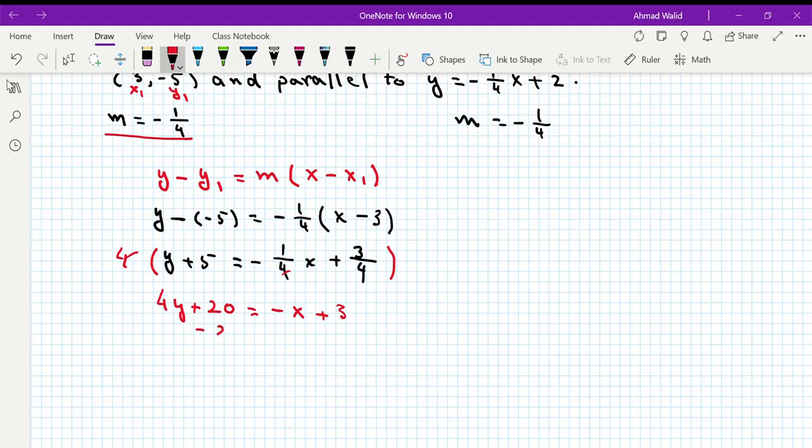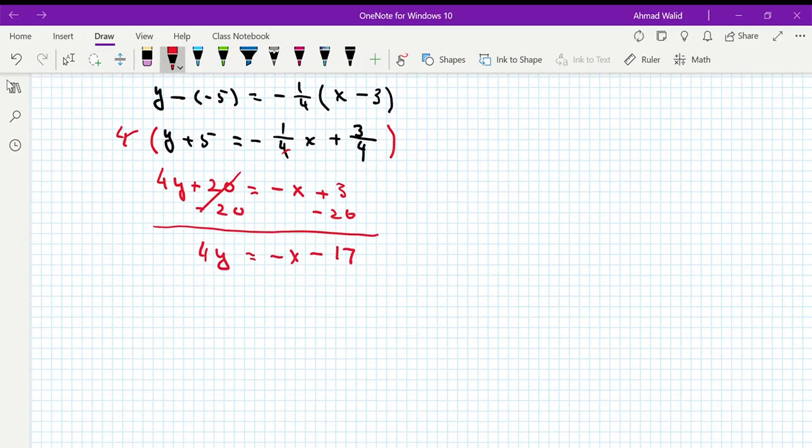Now subtract 20 from both sides. 4y equals negative x minus 17, right? And divide everything by 4 to get the equation of the line.